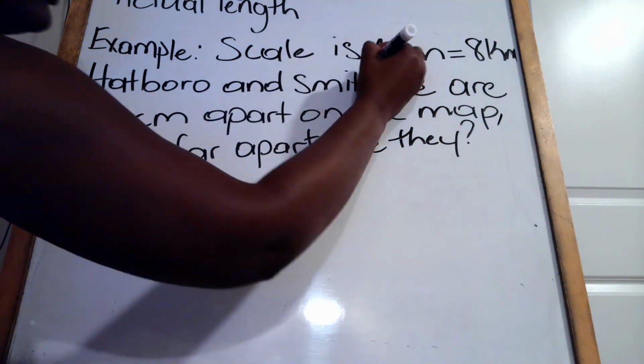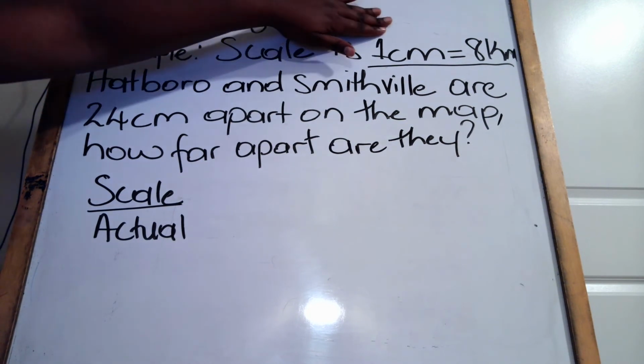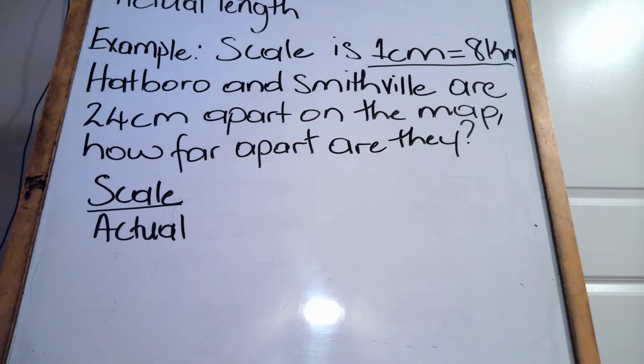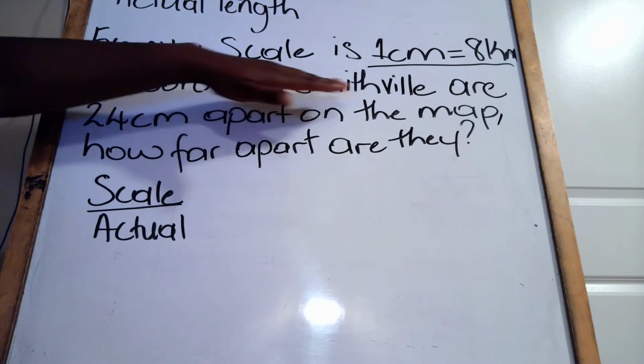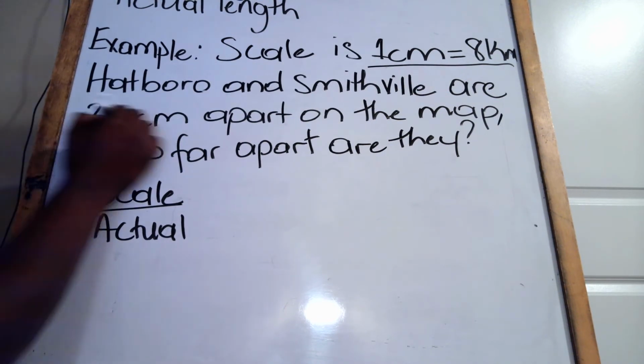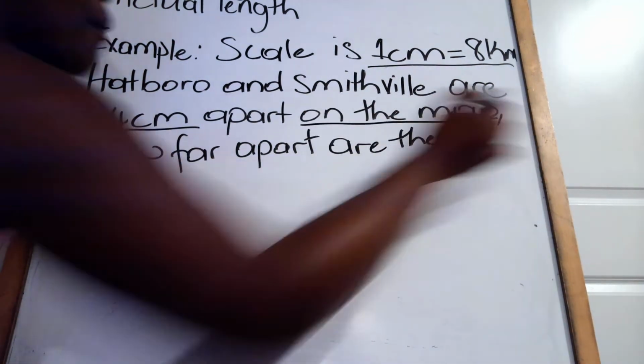It says 1 centimeter equals 8 kilometers. What is that saying? It is saying every 1 centimeter on the map is actually 8 kilometers in real life. Alright? It says Hatboro and Smithville are 24 centimeters apart on the map.